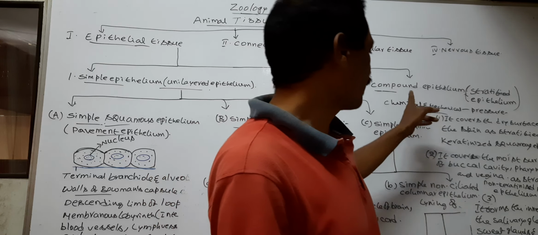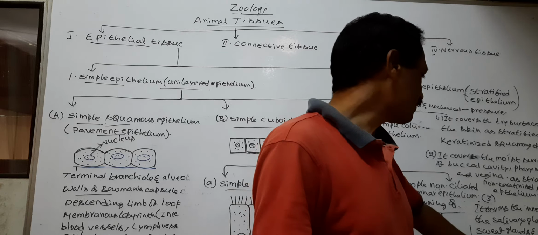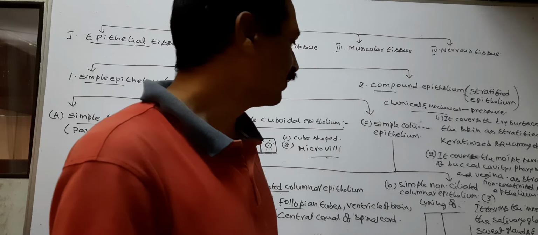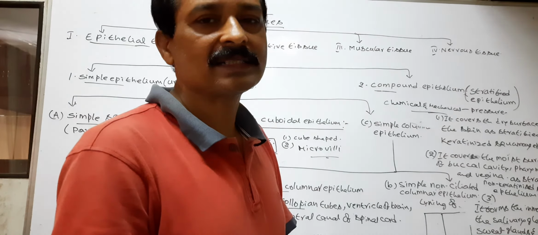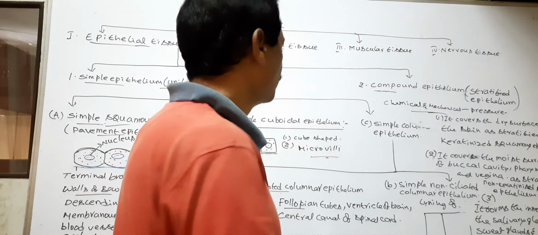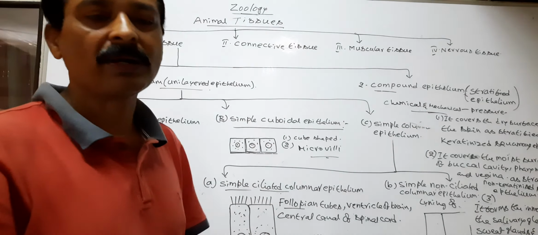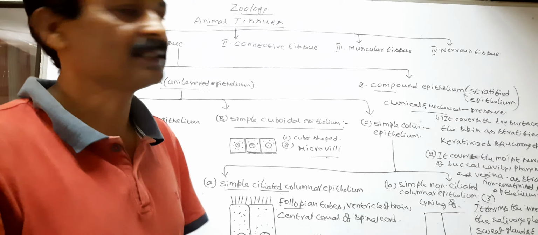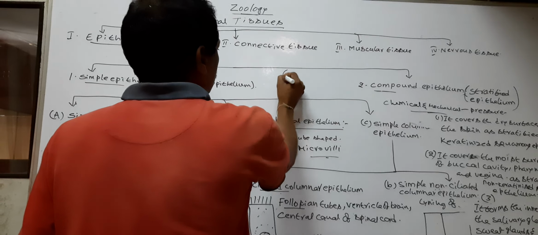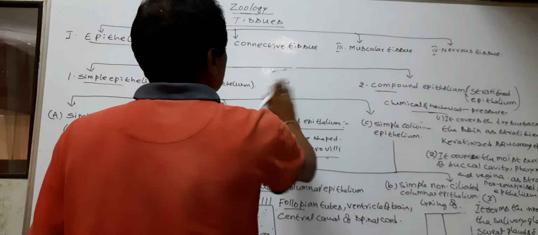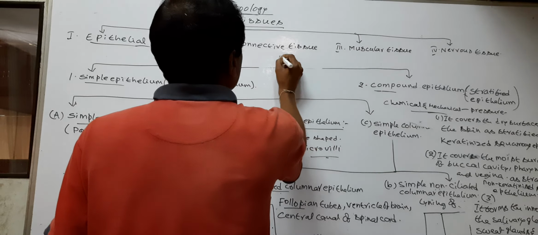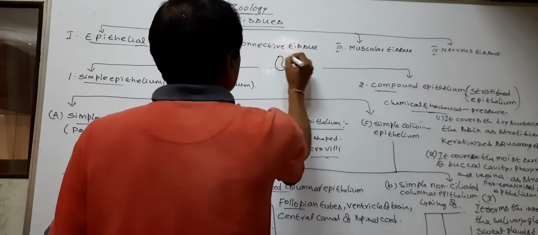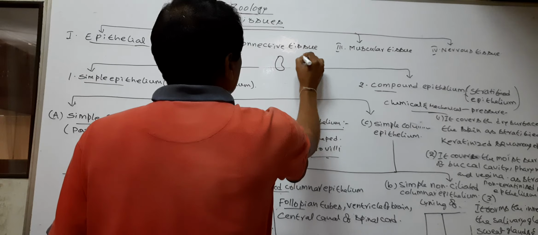Next, the compound epithelium forms the wall of the urinary bladder as transitional epithelium. The urinary bladder is a part of the excretory system. These are kidneys.